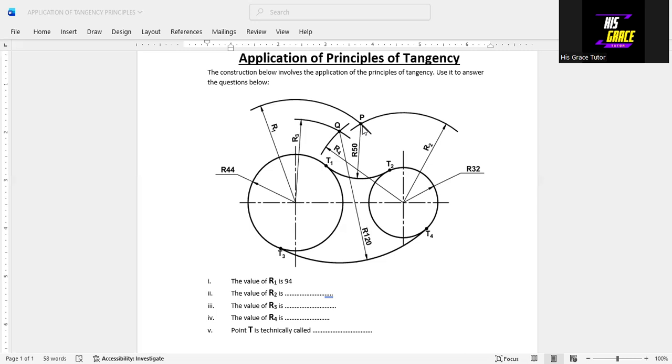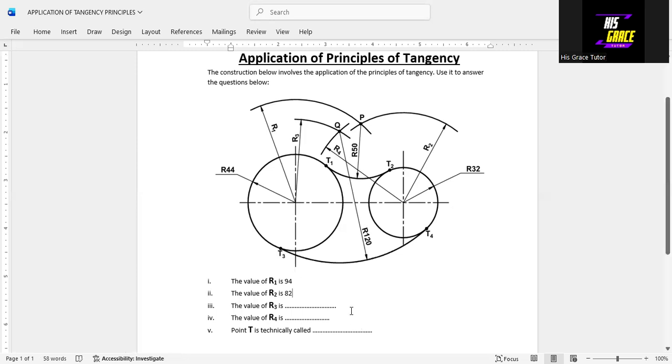Then you take 50 millimeters, which is the radius of this arc, put the pin at point P here, and draw an arc. We have this arc touching this circle at point T1 and this one at point T2. So that's how you can determine the value of R1 of this arc and R2 of this arc. The value of R2 is 82 millimeters.